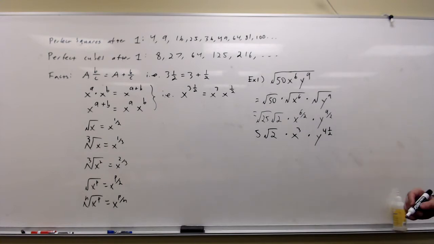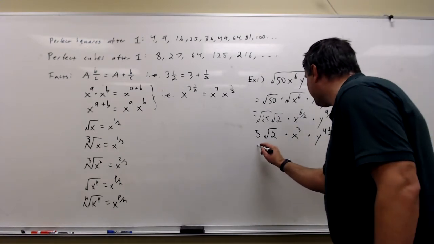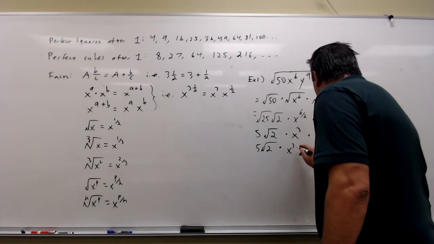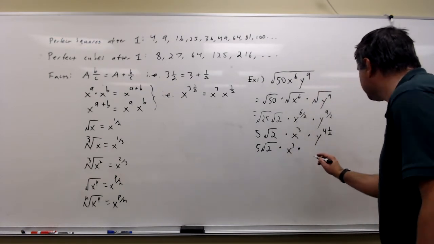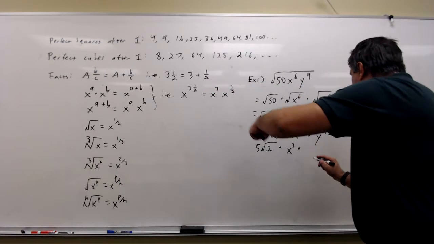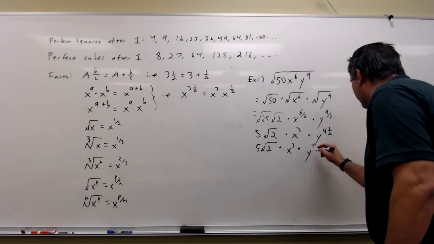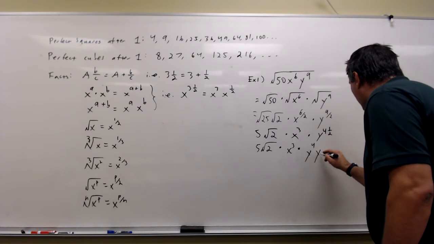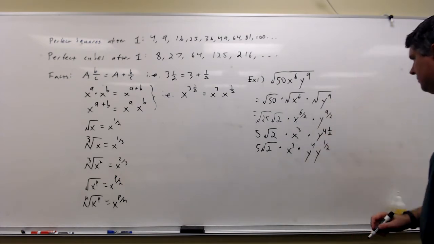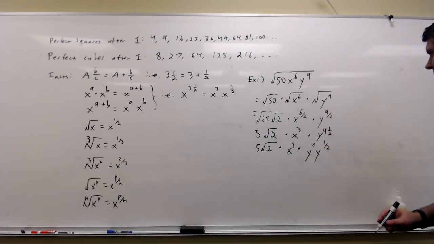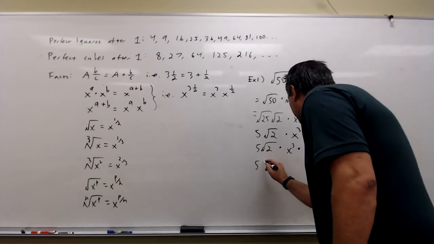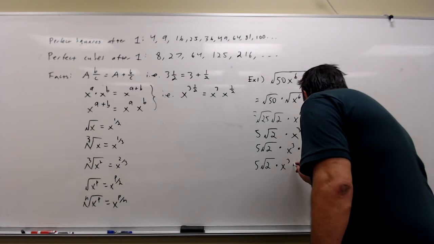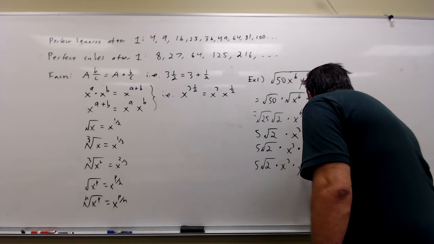Okay? Now, this is going to be 5 square root of 2 times x cubed times, I will split this up using this rule right here as y to the 4th times y to the 1/2. Then it's 5 square root of 2 times x cubed times y to the 4th.